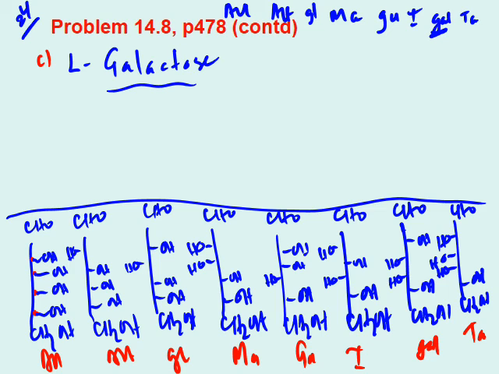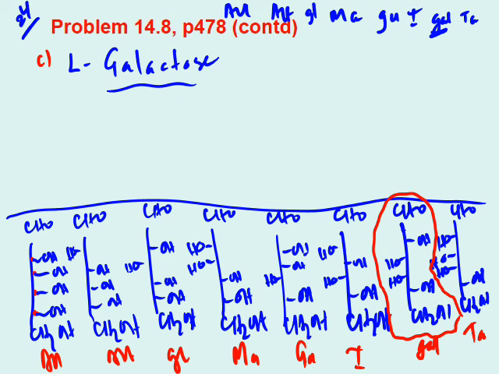So this question is asking for galactose, so let's just take out this structure. And so what I have drawn is D-galactose. And from D-galactose, I'm going to get L-galactose just by taking the mirror image.